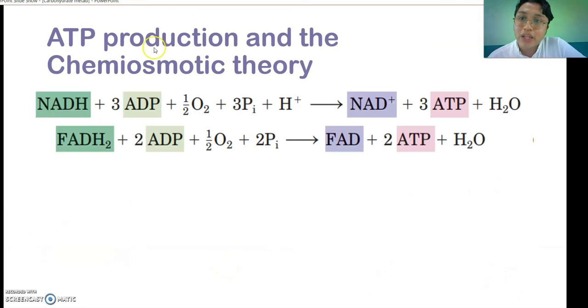So sa bawat NADH, okay, nakaka-yield tayo ng 3 ATP while sa isang FADH2 merong 2 ATP na mapoproduce. So makikita nyo, that's why it is called oxidative phosphorylation kasi your NADH is oxidized or your FADH2 is oxidized while your ADP is phosphorylated to ATP.